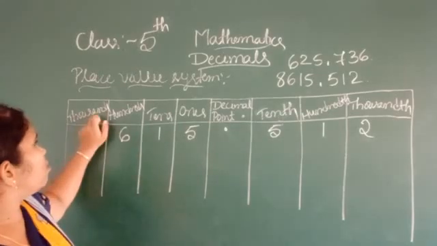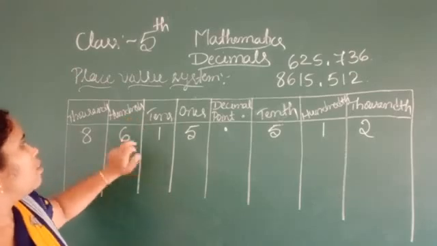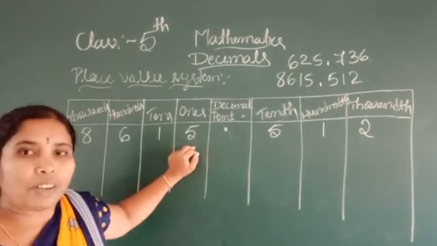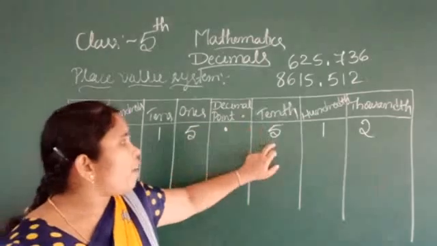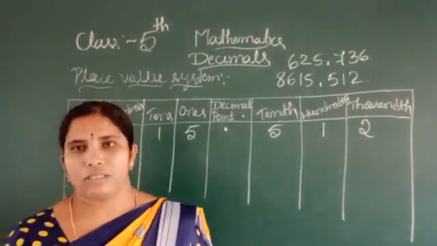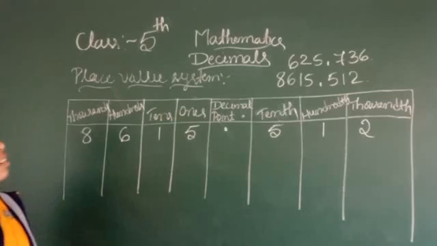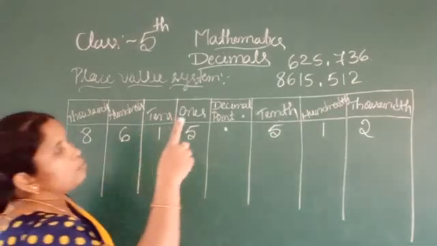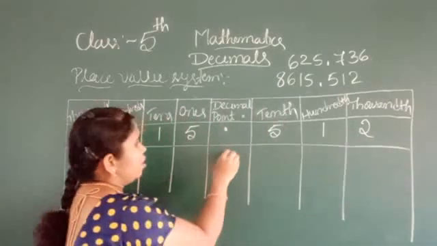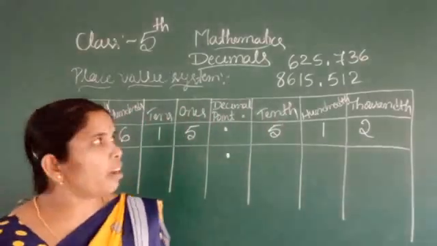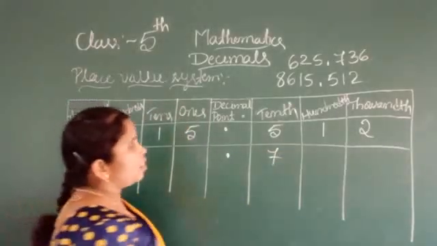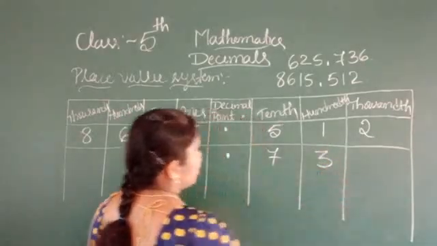See, 8615.512. Okay, then write the number 625.736. First put a decimal point. After the decimal point, the first digit is 7. The second digit, write in hundredth place.